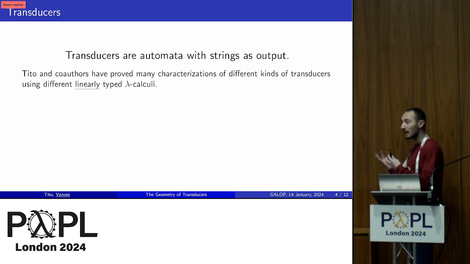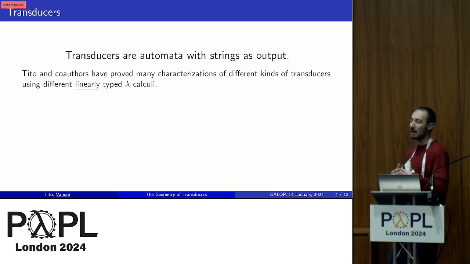And this is Tito's program, which he calls implicit automata theory, as well as implicit complexity theories about characterizing complexity classes through programming languages. While here we are concentrated on transducers, automata, etc.